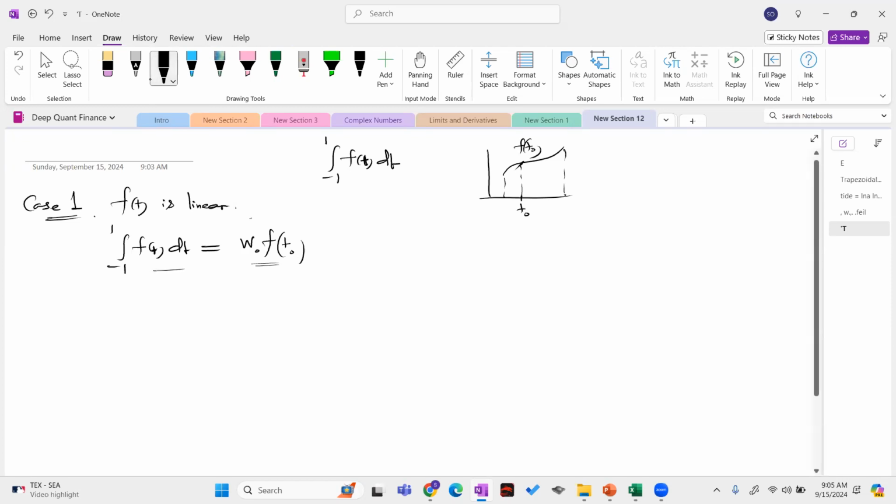Can I make this work for a linear function? Okay, ft is linear, so it doesn't look like this, it looks like a straight line. Can I choose w0 and t0 in such a smart way that this is not even approximation, it is exact. Okay, so let's do this.